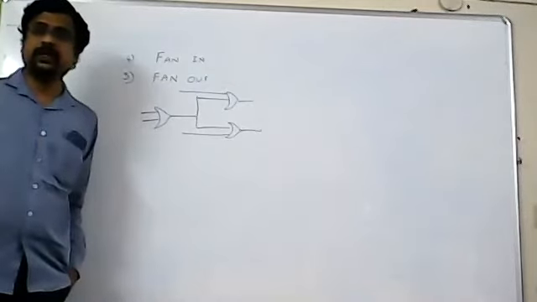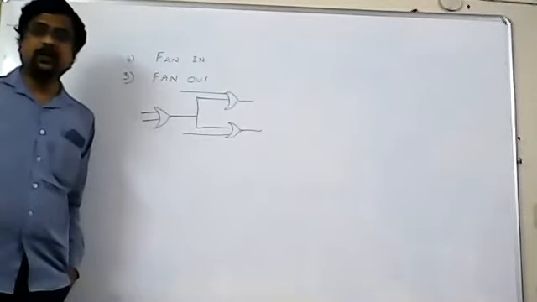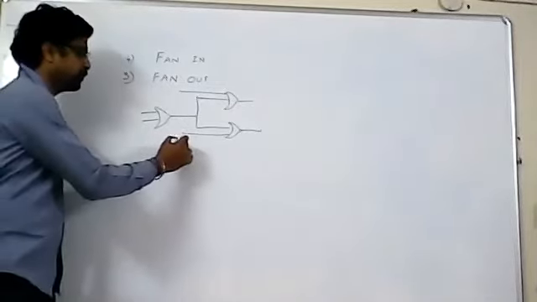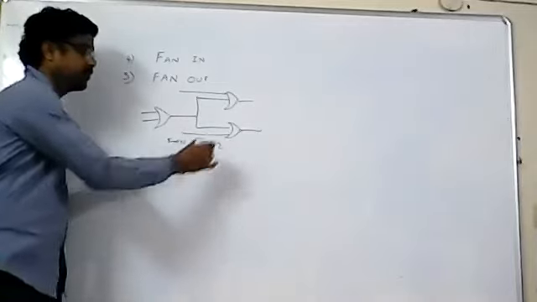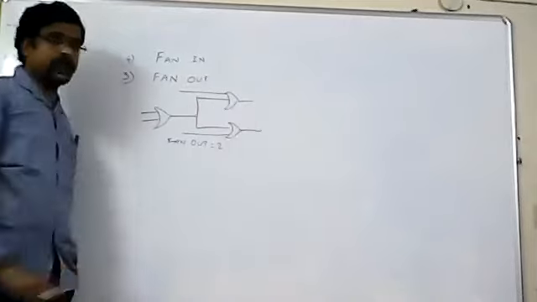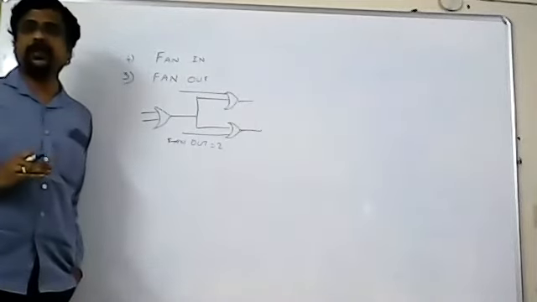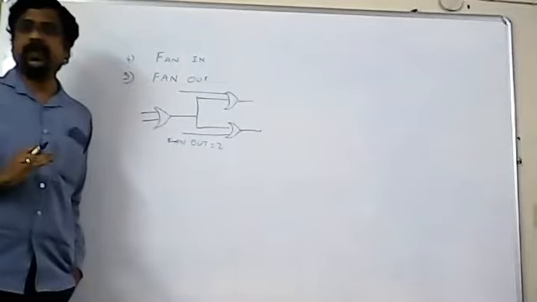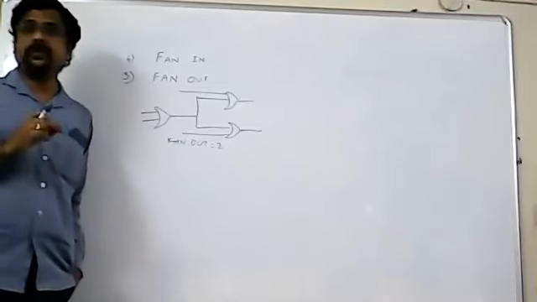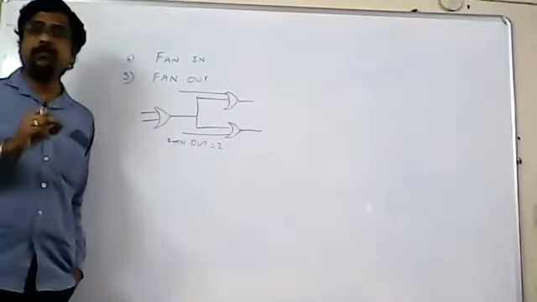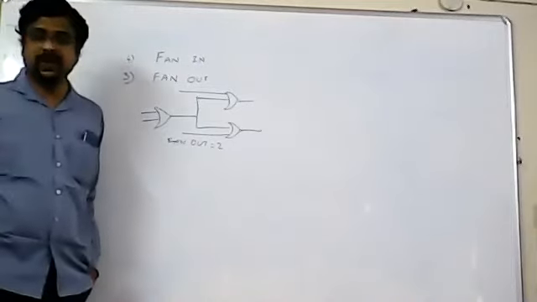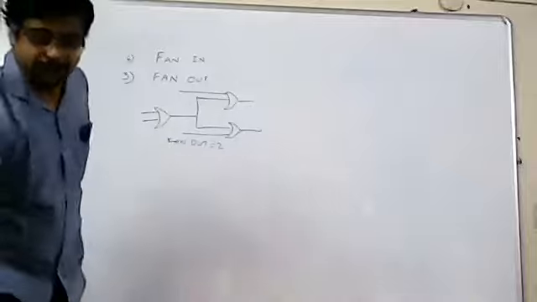That means my fan out value is 2, because this OR gate is driving 2 more OR gates, and the same type of gate should be there. Then we can say it as fan out. If there is an AND gate, then we cannot specify a fan out. So the definition of fan out is the number of similar gates that a particular gate can drive.